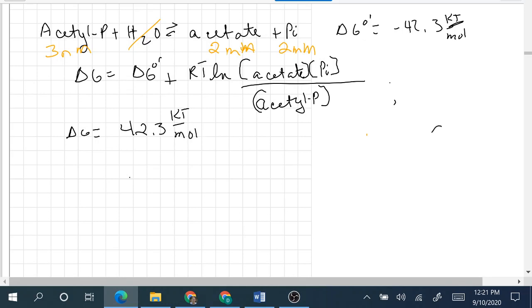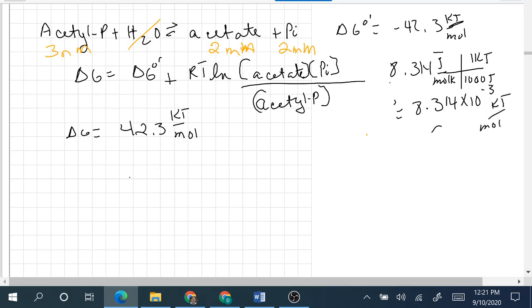So remember, our gas law constant is 8.314 joules per mole Kelvin. And if we want to convert that to kilojoules, we need to say 1,000 joules is 1 kilojoule. So that gives us 8.314 times 10 to the minus third kilojoules per mole Kelvin. So I'm going to go ahead and use that for our gas law constant.